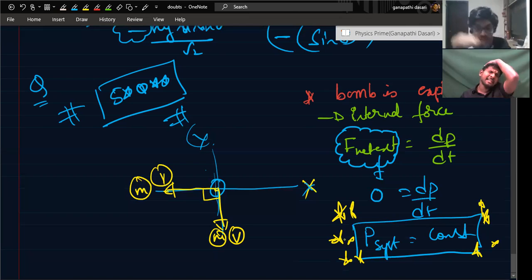Then rocket propulsion question. Then bomb explosion question. Then one boy in the air in gravity free space throws a ball downwards, and how much distance will he go upwards?